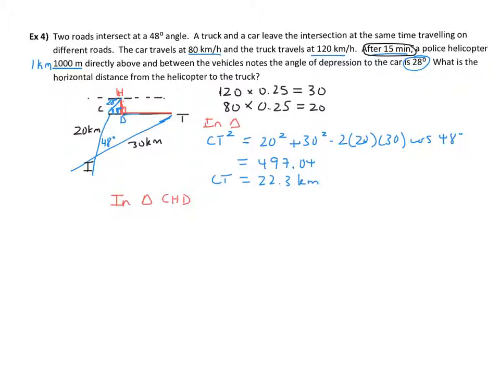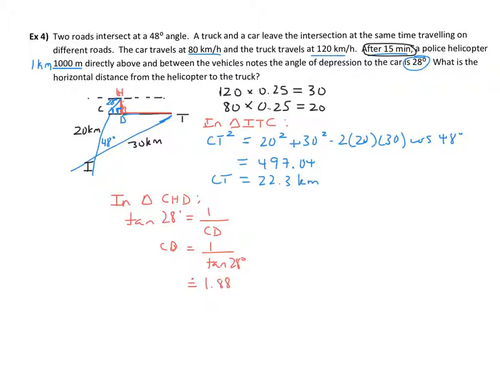In triangle CHD, the tan of 28 degrees is equal to 1 over CD. So that means CD will equal 1 divided by the tan of 28 degrees. And then CD is equal to about 1.88 is what I got for that.